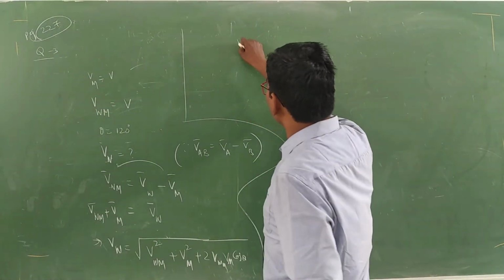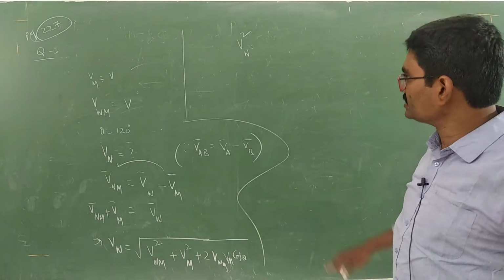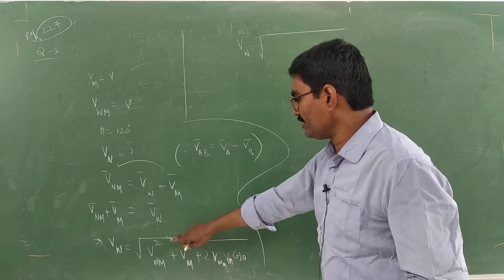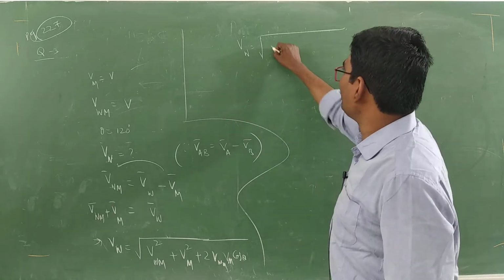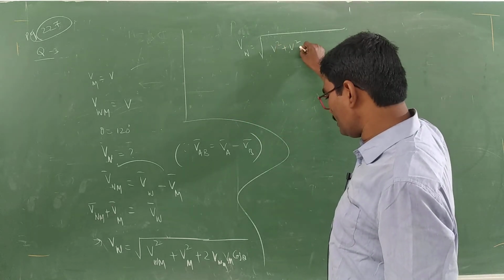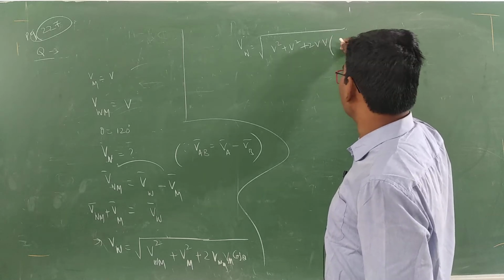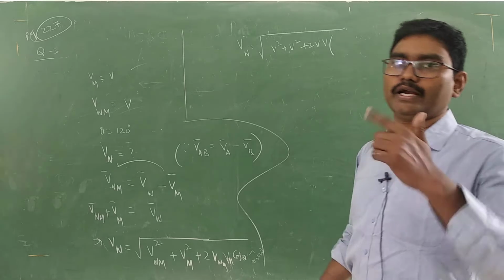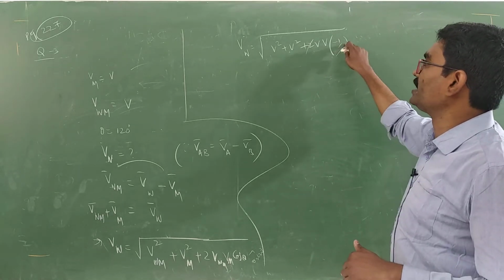Now, velocity of wind I need. Velocity of wind is equal to the square root, or you can square it, otherwise I just leave it, no problem. Both are v only. So v square plus 2v square into cos 120. Cos 120 is minus 1 by 2. The 2 cancels, so you will get minus v square.